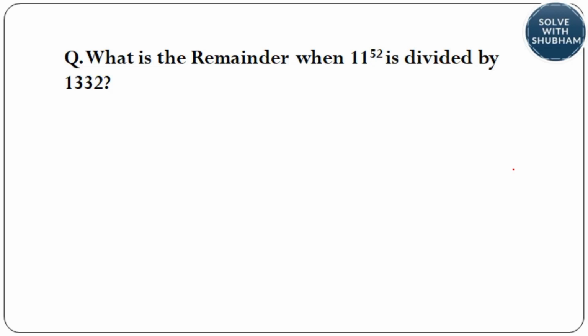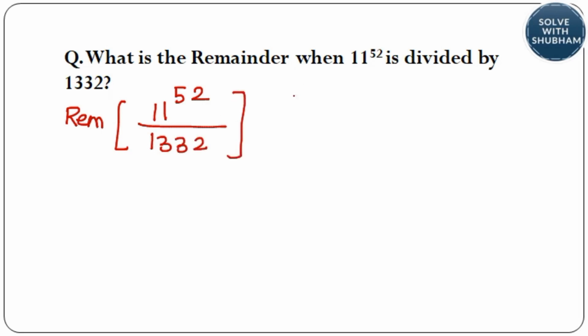Question, what is the remainder when 11 power 52 is divided by 1332? Now, we need to find out the remainder when 11 power 52 is divided by 1332. We know 11 power 3 is 1331.